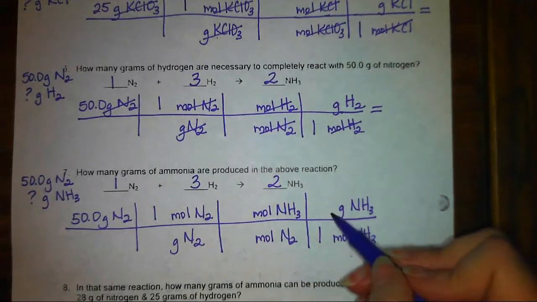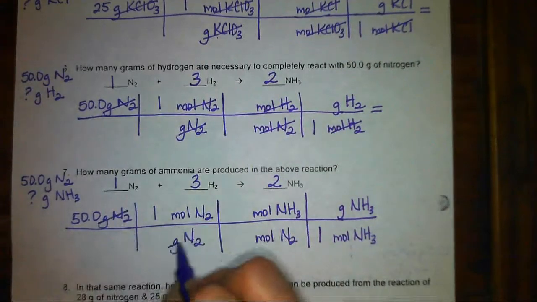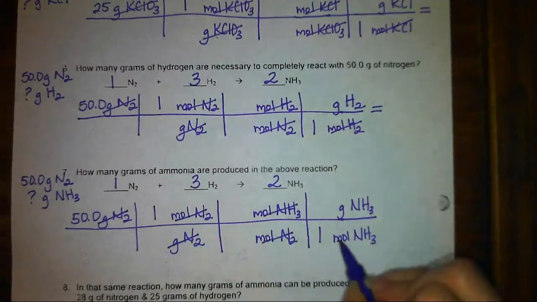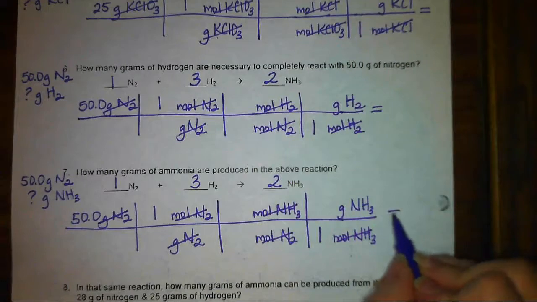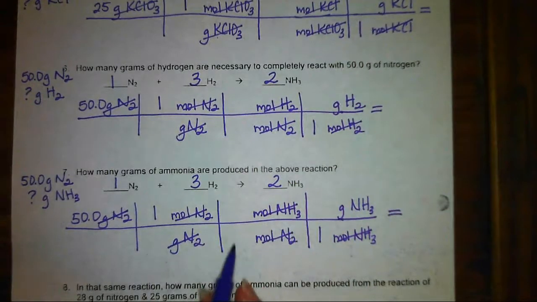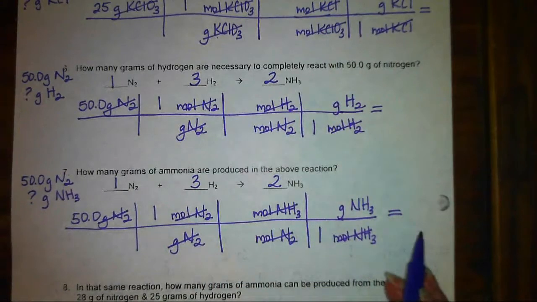Okay. Once again, check your units. Those cancel. These cancel. Those cancel. I'm at the correct unit for what the question is asking me for. After you fill in the numbers for formula weight, mole to mole ratio, and the formula weight of the second substance, you'll be ready to calculate your final answer.